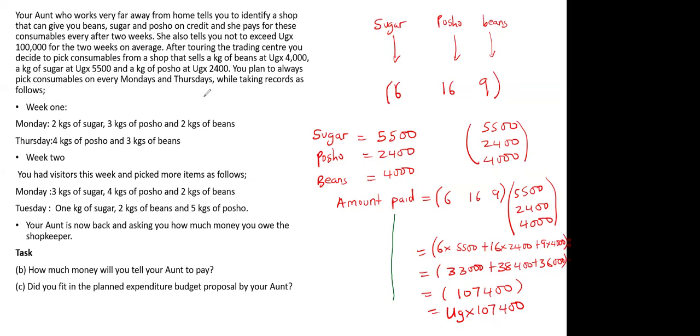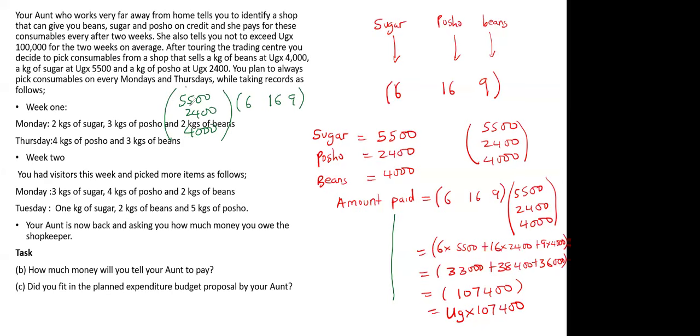Like we have already said, when we are multiplying two matrices, it is always row by column, as long as you can multiply them in that order. The first one we had was this, and then we are multiplying by 6, 16, and 9.